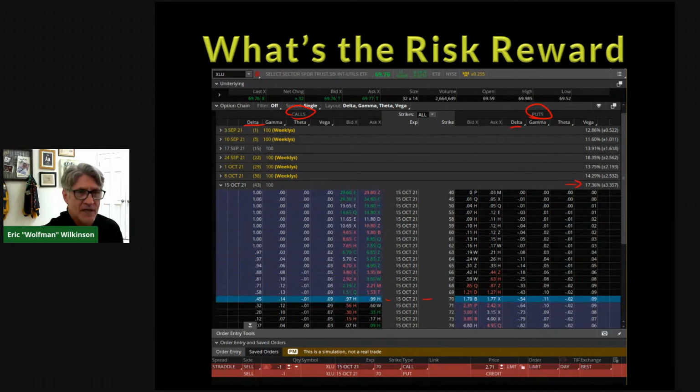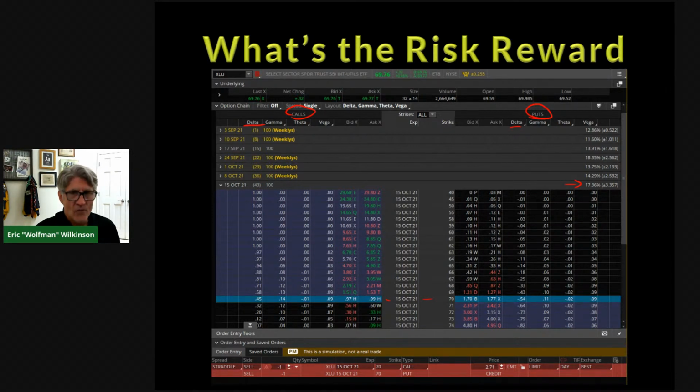That means those premiums actually increased by that 9 cents, right? Because it's about a percentage point higher. I know these premiums increased by that 9 cents. So that's the strikes I'm looking for. No, it's not exactly a 50-50 delta, but it's as close as we're going to get. So I'm looking at the 70 strike, collecting $2.71 for this.